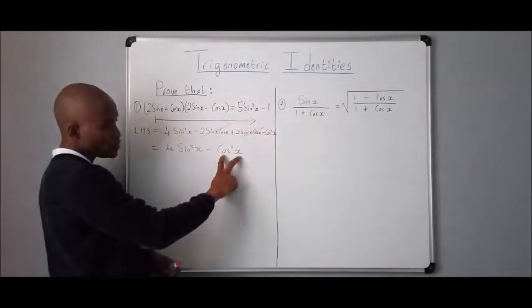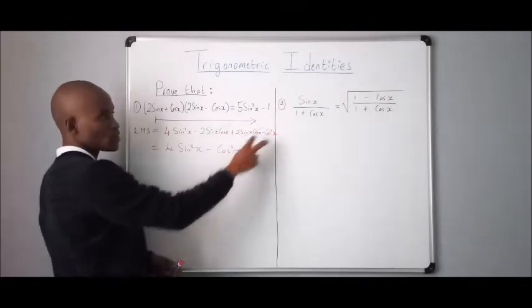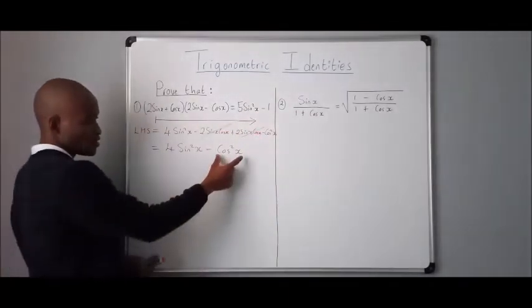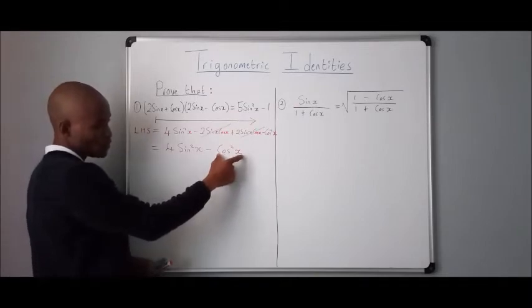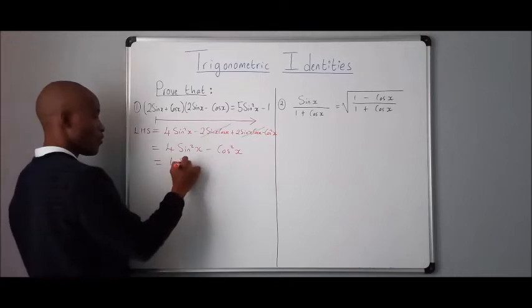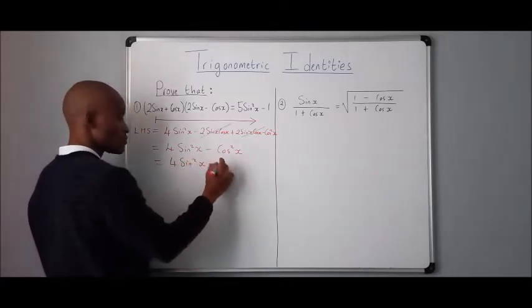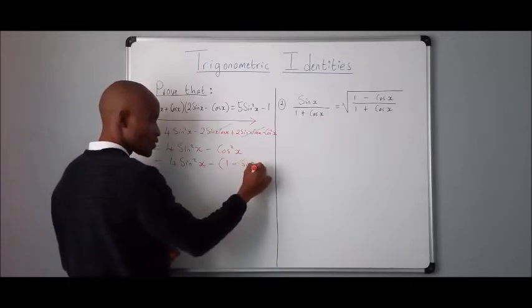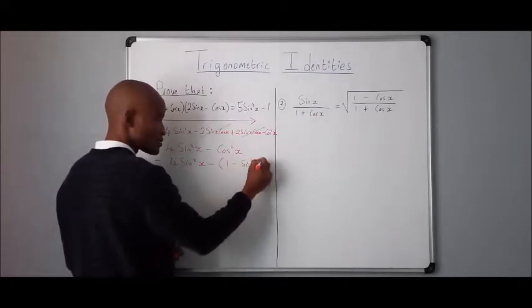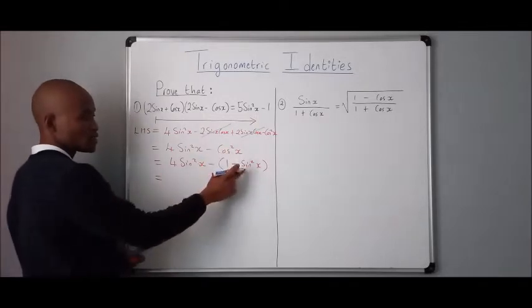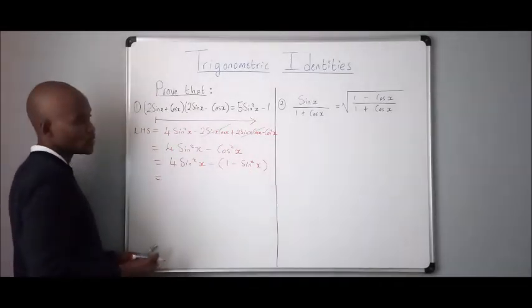So we need to take care of this cos square x because we don't need a cos term anywhere on the right hand side. So of course we can produce its equivalent identity here, and it becomes 4 sine square x minus what? 1 minus sine square x. Okay, and we eliminate the cos in that way. And then what do we see?